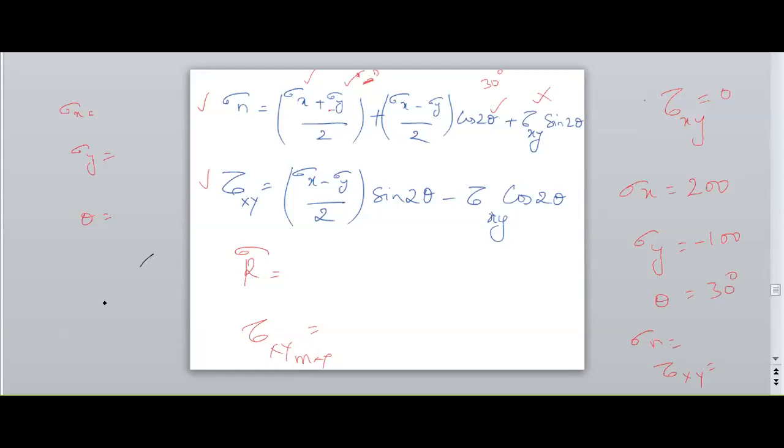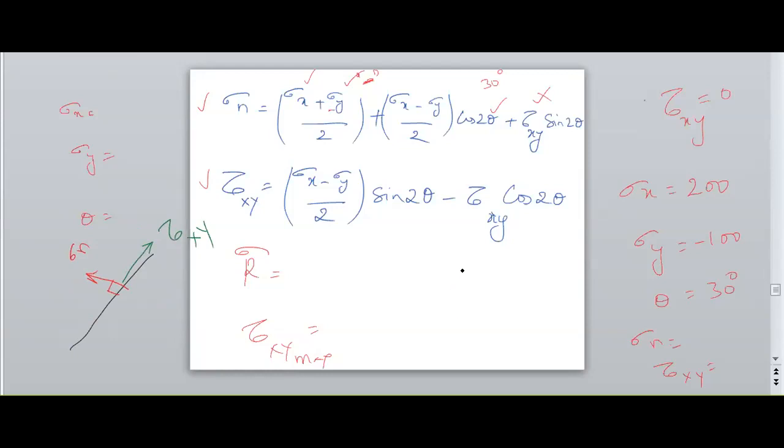Now, this is the inclined plane. This is the normal stress, which is perpendicular to the inclined plane, and we have a shear stress which is parallel to the inclined plane.